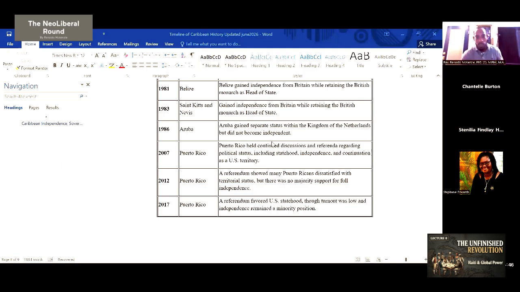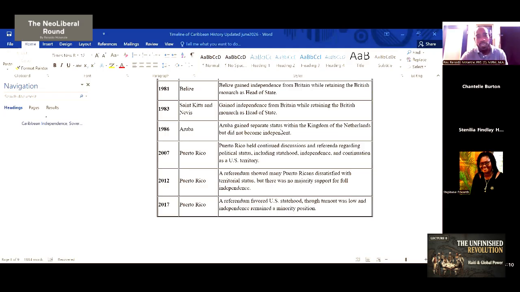They just gained separate status. Somebody is going to present on Aruba, so you can probably talk about what it means to have separate status as against independence. If nobody touches on that, I will talk about it, but I don't want to give away too much to the groups that are going to present. Please raise that in your presentation.